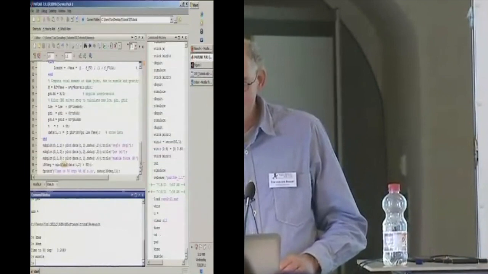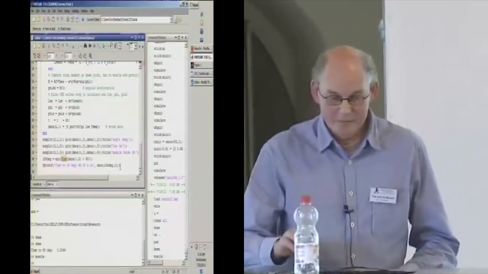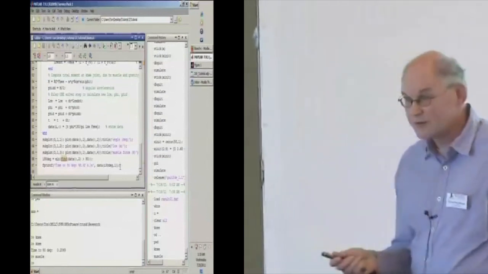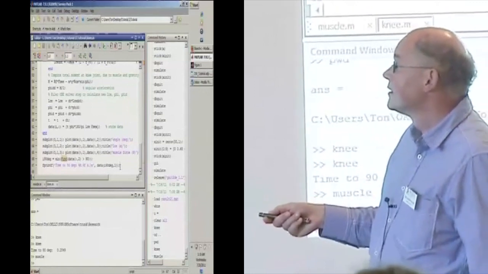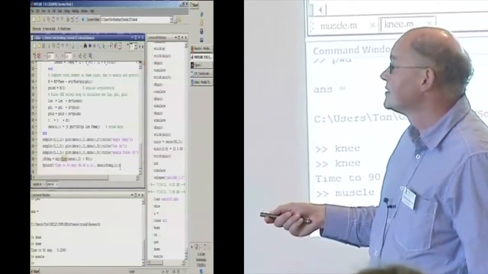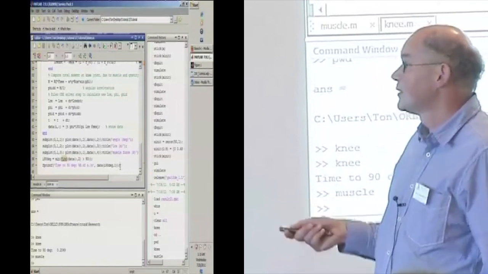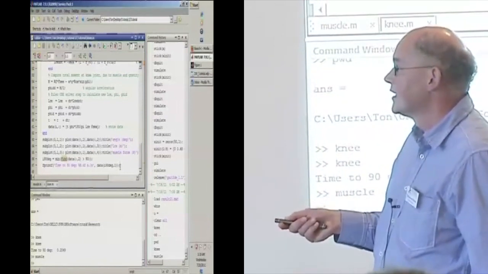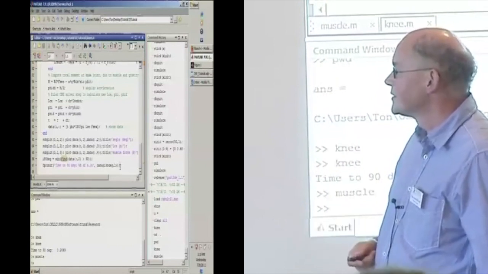I've added a couple of lines at the end that you might want to type just to measure that. You find the data points where the angle is greater than 90, then you take the first one, and that's the index of the 90-degree point. And then I'm measuring the time at that point.